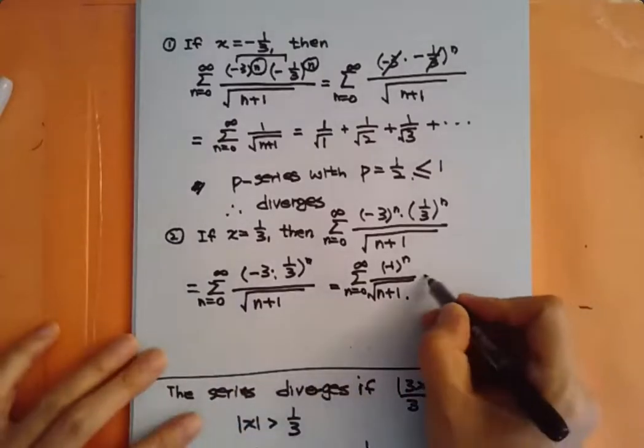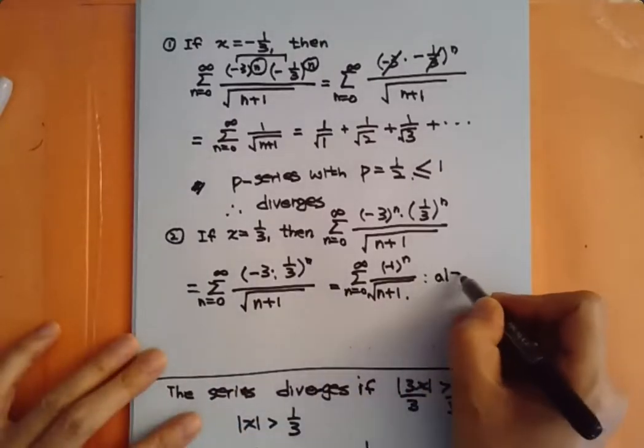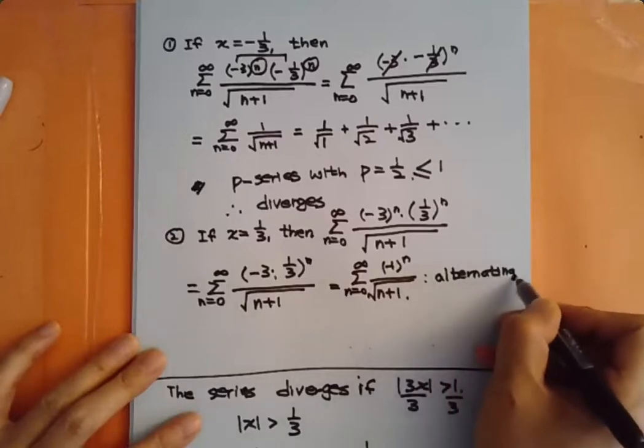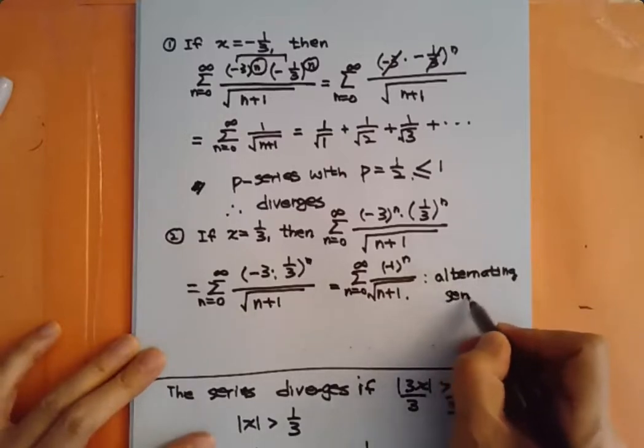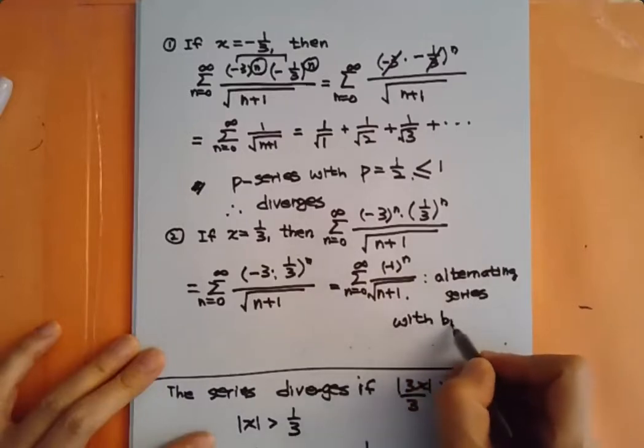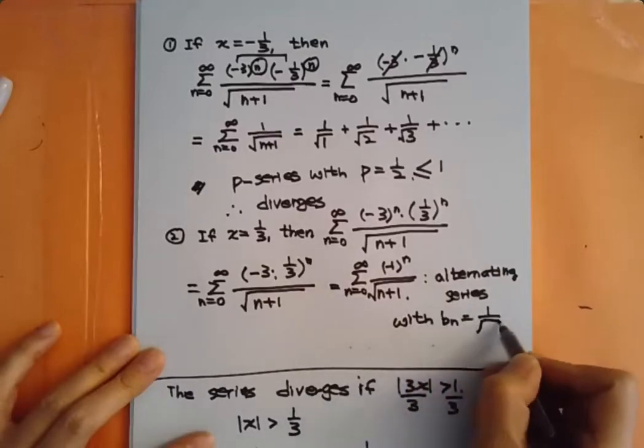So we have an alternating series with b n equals 1 over square root of n.